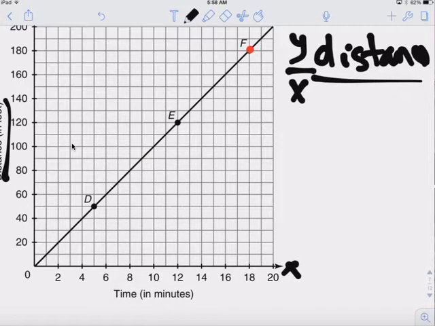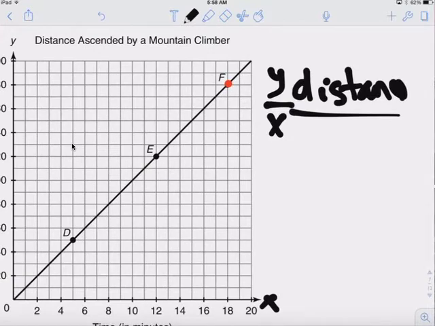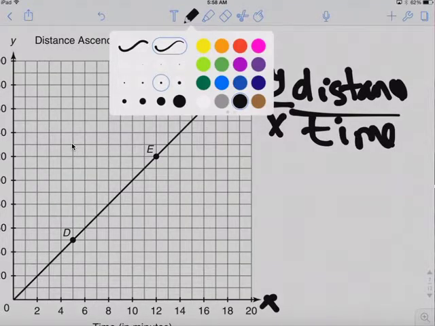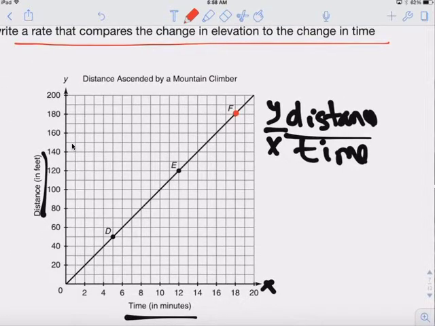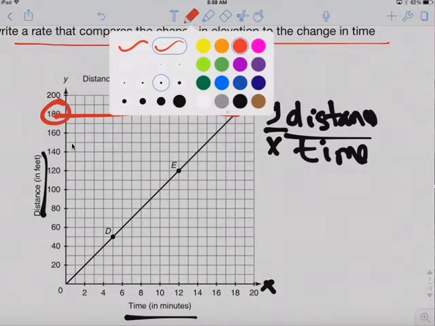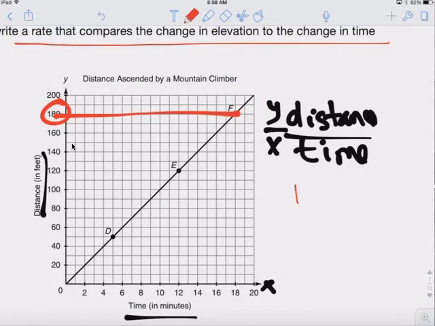X is time, the independent. Time, distance over time. Very important. So the change in y in this case is 120, I mean 180, over the change in x, it's 18.